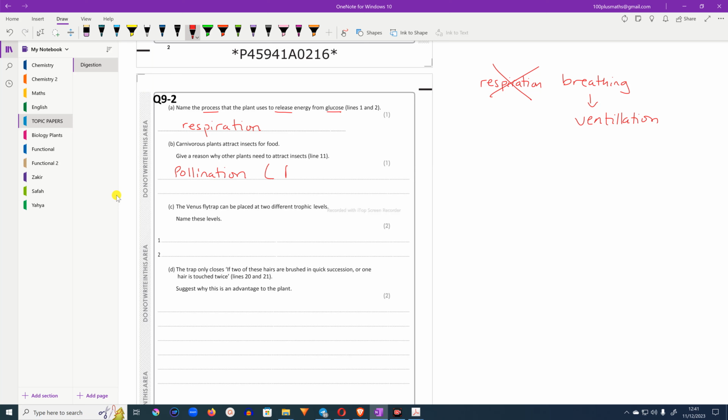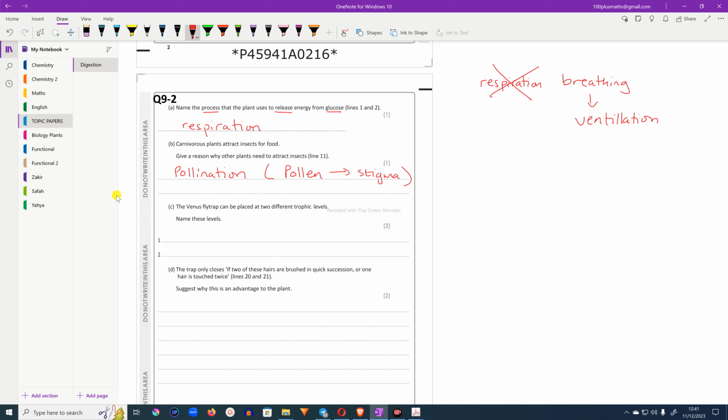So then they can take the pollen to other plants, or it can bring other pollen to the, what's the word? Is it stamen? No, to the stigma. I always forget that, stigma.